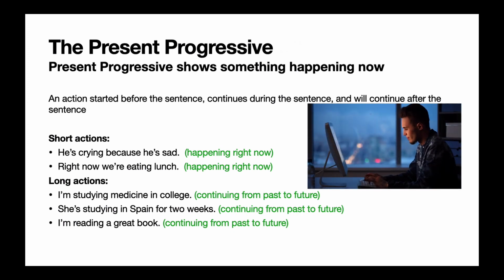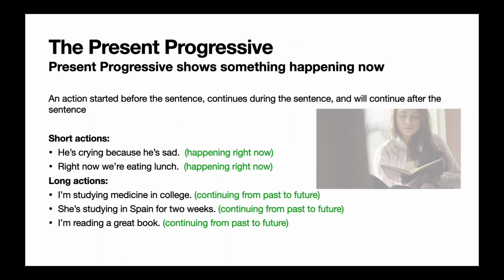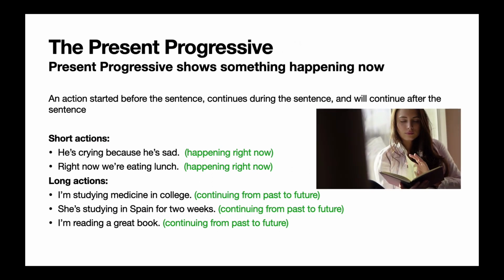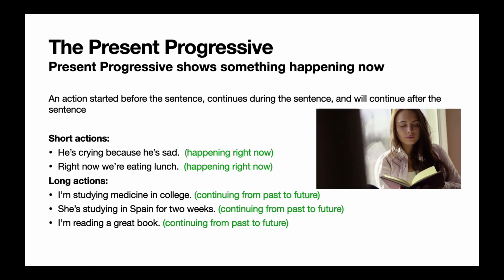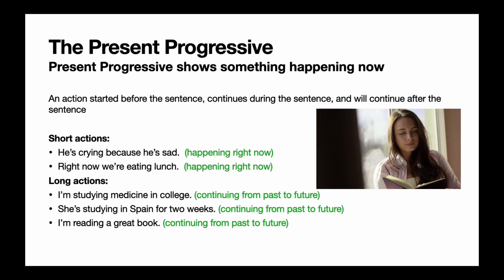Or if I say she's studying in Spain for 2 weeks, that means she is already in Spain, she's there right now, and will be there maybe another few days. She's in the middle of her 2 weeks. Or if I say I'm reading a great book, that doesn't necessarily mean I'm reading right now. It could mean I'm reading right now, but it could mean I started the book yesterday and I'm not finished with it yet.